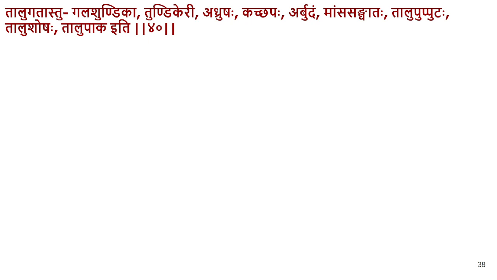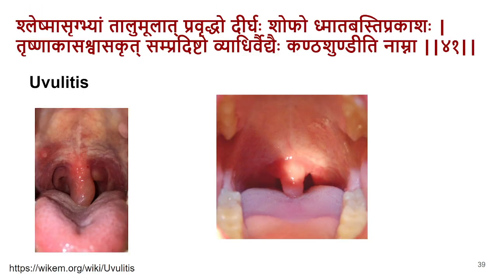The pharyngeal surface also can be included as talu, because when Panini speaks about the talavya aksharas, there again you will have a similar issue. So it's not only the palate, the walls of the pharynx also can be considered as talu according to Sushruta. Now the diseases related to the talu are Garashundika, Tundikeri, Adhrushya, Kachchhapa, Arbuda, Mamsasanghata, Taluputa, Talushosha, Talupaka.